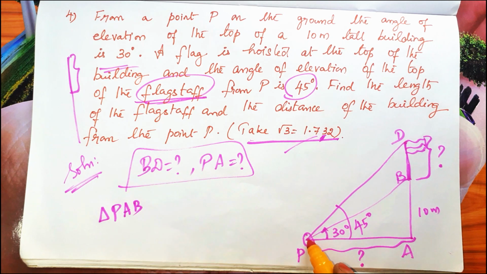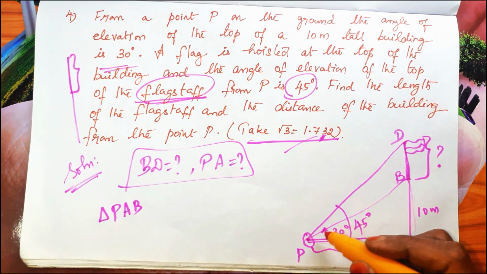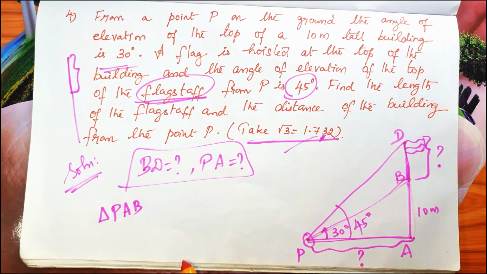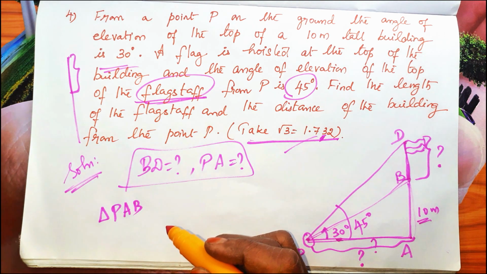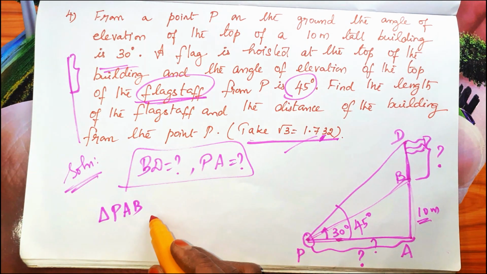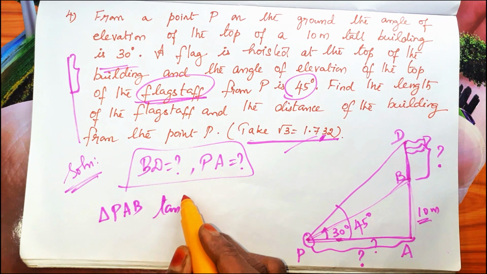PAB, the smaller triangle, using the angle 30 degrees. This triangle I'm going to use. 30 degrees is given, the opposite side is given, I don't know the adjacent side. So what is the formula? Tan. So tan of the angle 30.